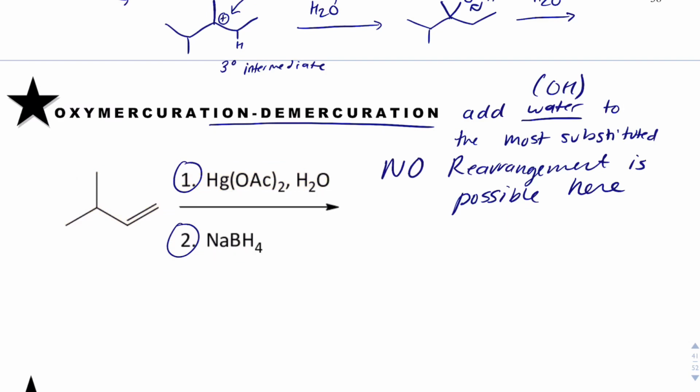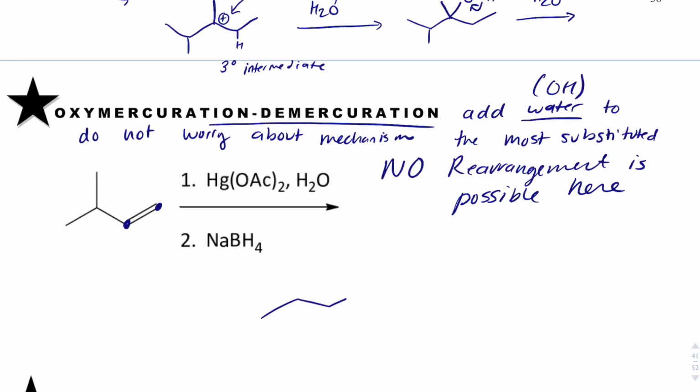Okay, so we're not going to worry about the mechanism here. In college, you'll definitely have to worry about the mechanism, but what we've got to decide is which carbon, left or right, is our most substituted. It is our left, so an OH group gets added there.